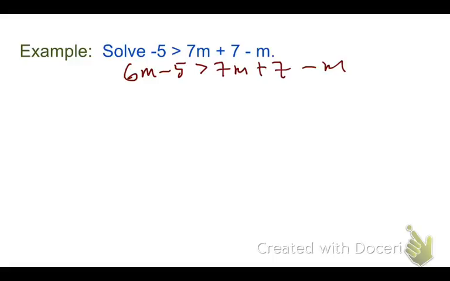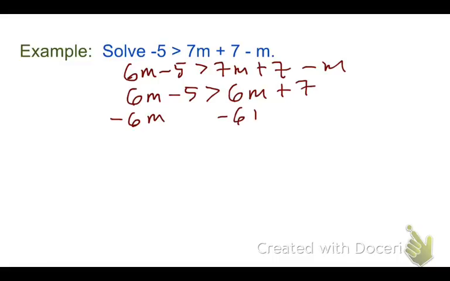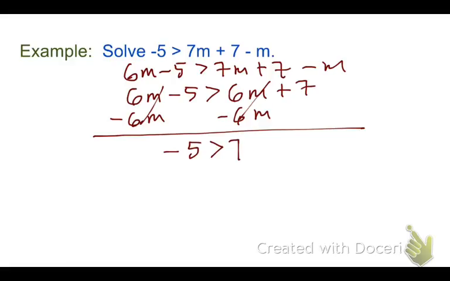Again, on the right-hand side, I need to combine like terms, so we'll do the same thing we did before. I have 6m minus 5 greater than 7m minus 1m, which is 6m plus 7. So if I subtract 6m from both sides, I end up removing the m from both sides of the inequality, and what I have is negative 5 is strictly greater than positive 7, which is never true.